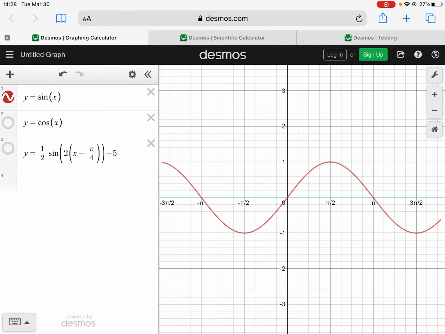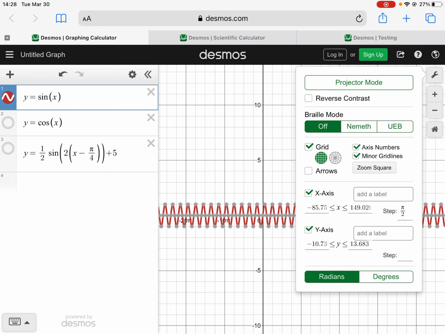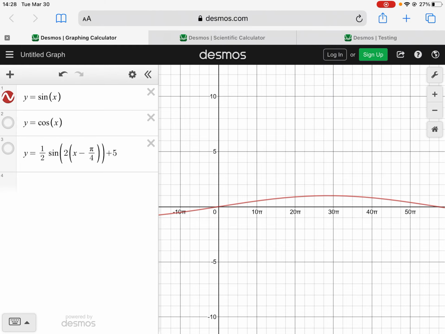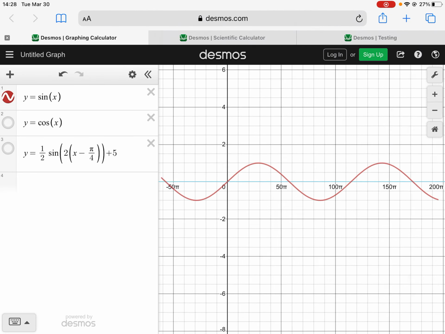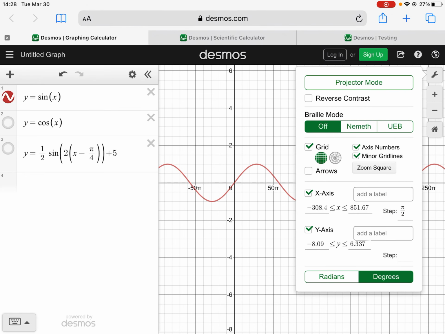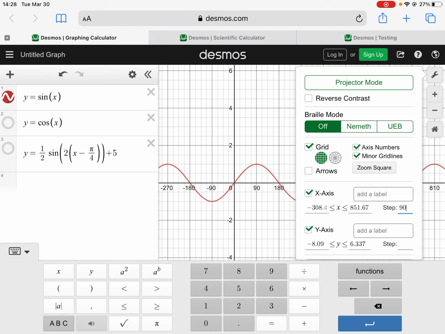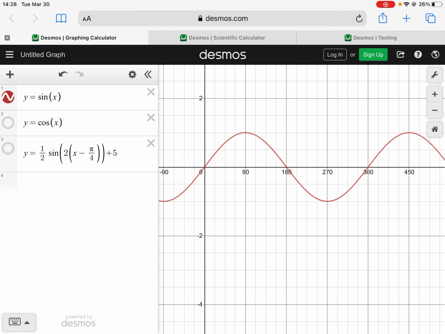So in degrees, your period is actually going to be 360. It's also kind of fun to zoom in and out, but if you wanted to see a complete graph when you're in degrees mode, you would have to zoom out. And now of course my x scale doesn't look so good. But you'd have to zoom out so that you were at 360 here.